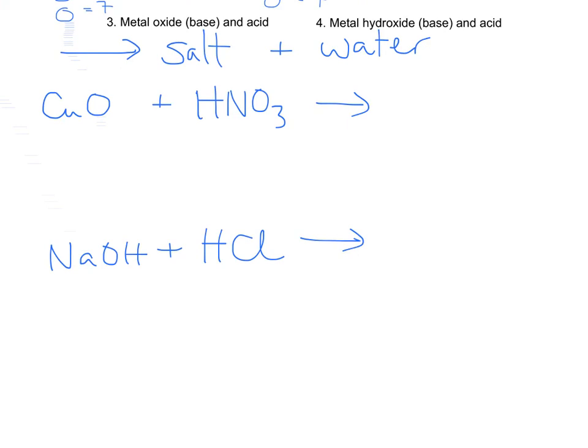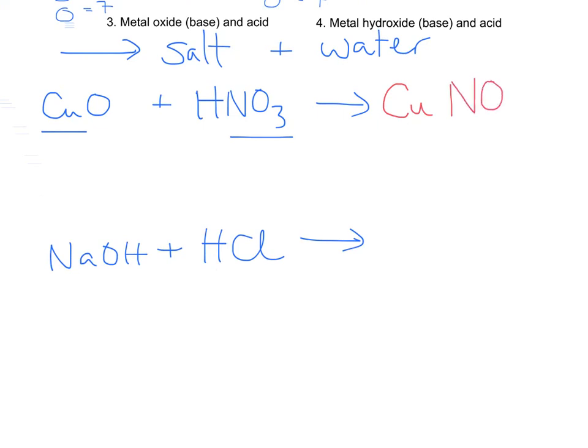So again, same process. If I want to know what the salt is, then I need to go looking firstly for copper and then for the nitrate ion. Once you've found those in your table of ions, you should notice that copper has a charge of 2+, and nitrate has a charge of 1+.